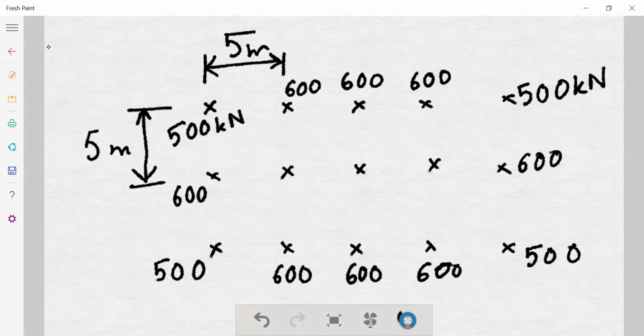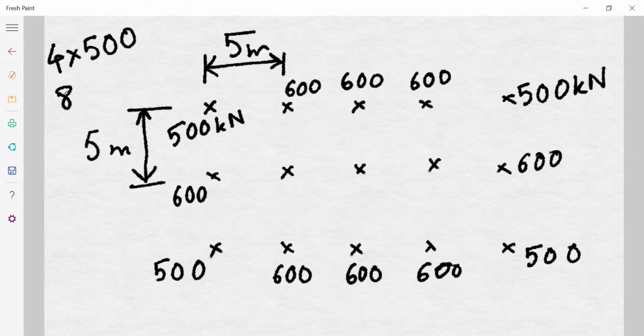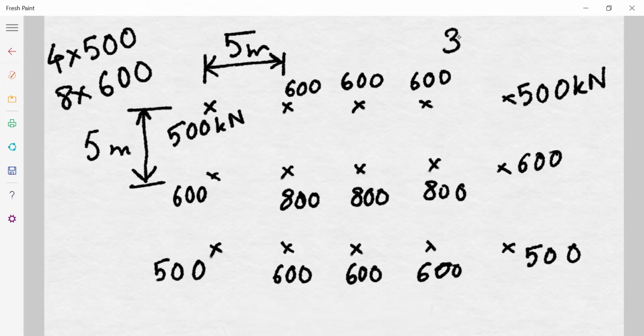So 4 into 500, 8 into 600. And remaining interior columns are how many? 3. So the remaining 3 are having 800 loads. So 3 into 800.